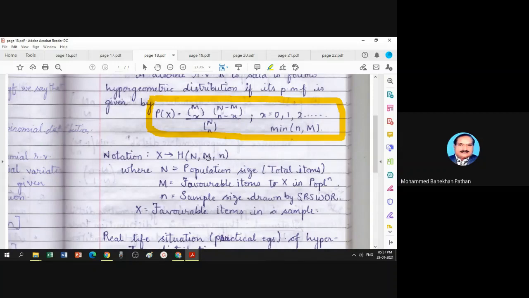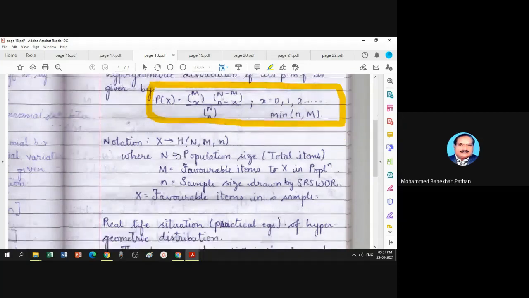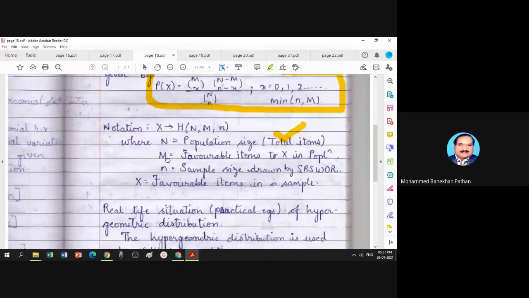So these are called the parameters of the hypergeometric. What do they stand for? Number one, capital N is the population size, total items under study. What is capital M? These are the favorable items to the random variable, that means to your study in the respective population.